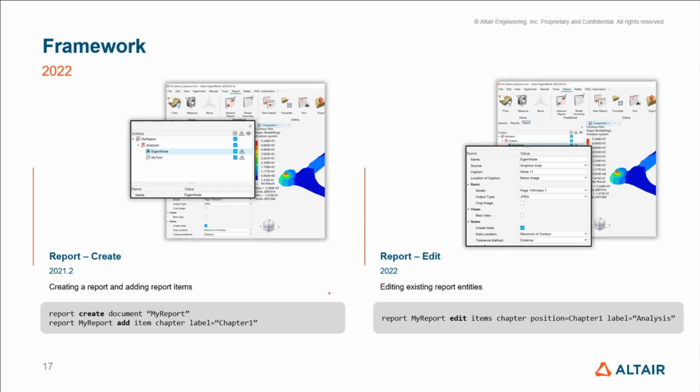And then in 2022, they will be able to edit those items. Okay, and as a highlight here on this slide, we can see the corresponding commands. So report create, report add, and report edit. That's the new keyword, new option here that we need to keep in mind. And yeah, take advantage of it from 2022 onwards.